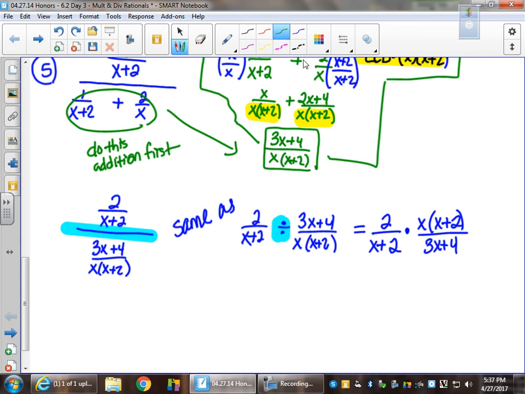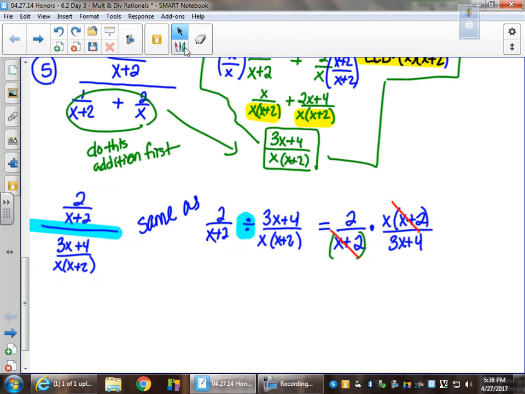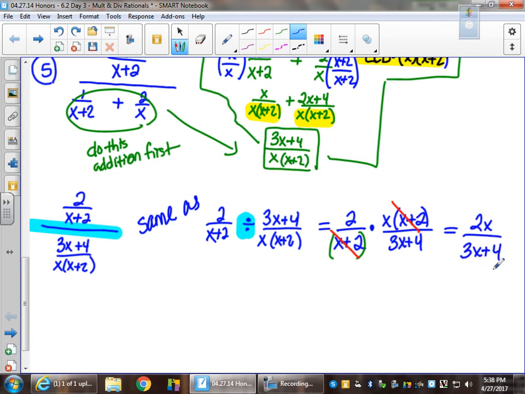And let me ask you what cancels. Well, I see this x plus 2 is a factor that will cancel with this x plus 2. I don't see anything else that cancels, so now we're ready to multiply straight across. So I have 2x divided by 3x plus 4, and that's as far as I can go.